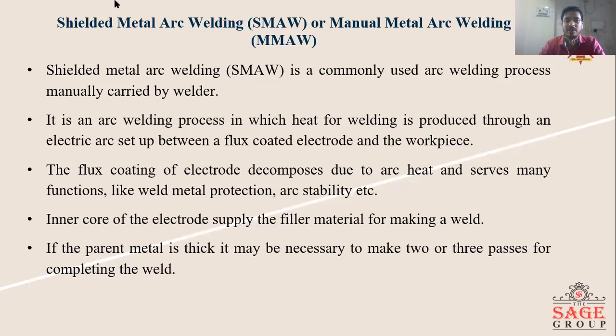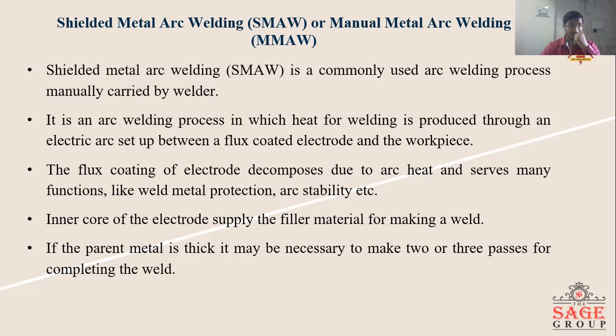Next, types of welding: shielded metal arc welding (SMAW), also called manual metal arc welding (MMAW). Shielded metal arc welding is a commonly used arc welding process, carried out manually by the welder. It is an arc welding process in which heat for welding is produced through the electric arc set up between a flux coated electrode and the workpiece.